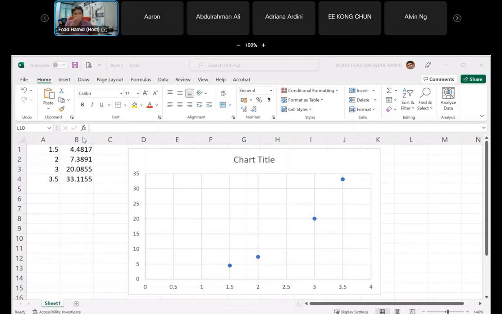Project 1 is also asking about the sum of residual squares. So when do you use interpolation, and when do you use regression? That's the main question here.